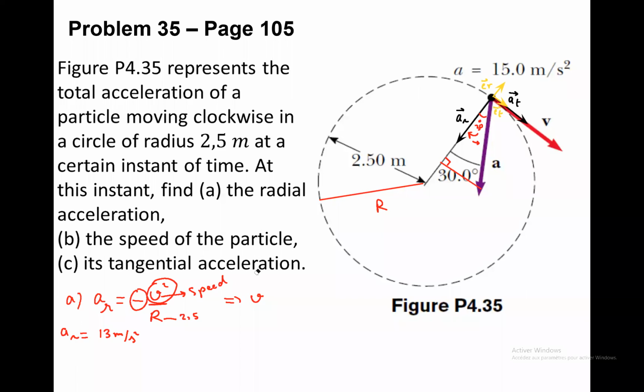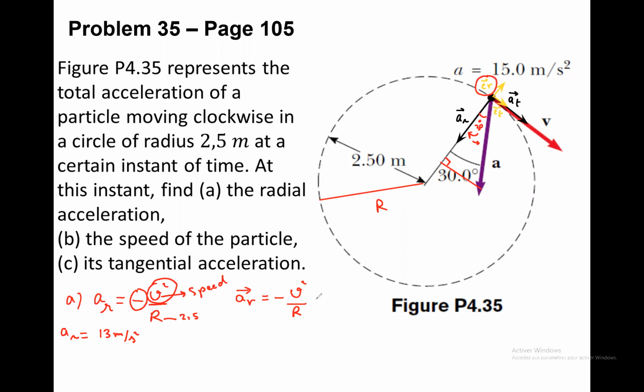Let me talk here about the negative sign. You can say here the AR vector equals minus V square divided by R. Here you have AR in the opposite direction to ER.